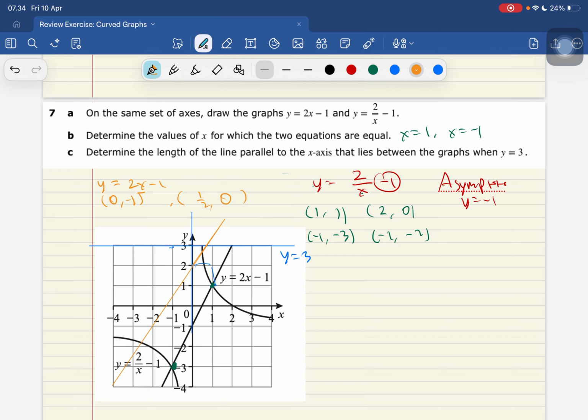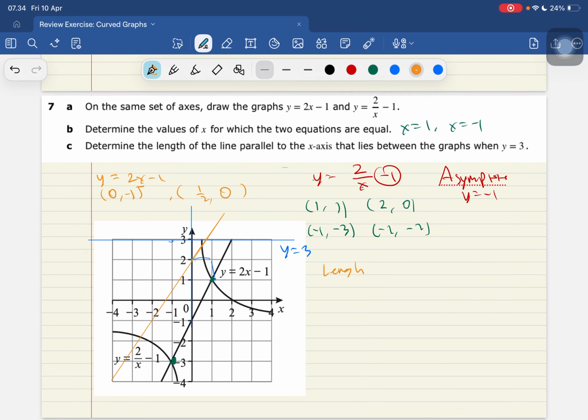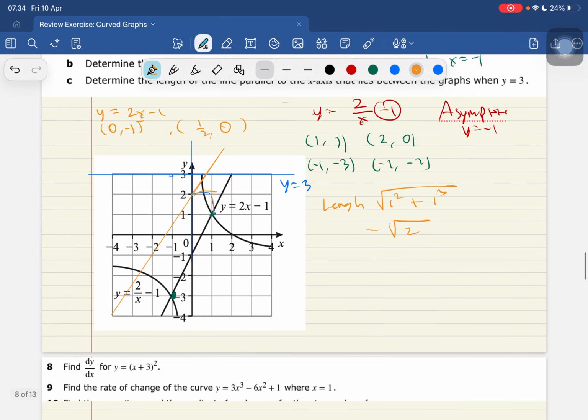Let's say this is parallel. So the length: x is equal to 1, so the square root of 1 squared plus 1 squared. So the length is the square root of 2. Okay, that's it.